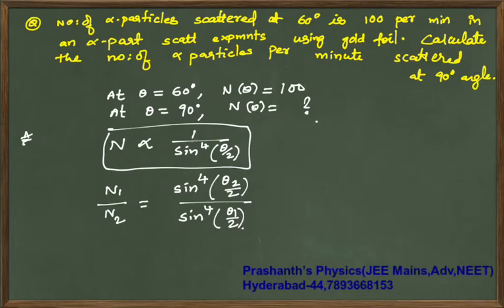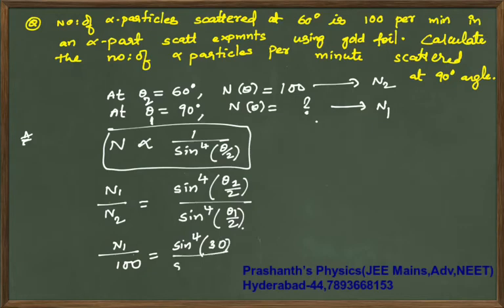Now you take this as n1, this as n2, this as theta 1, and this as theta 2. n1 by n2 is 100 by 1 is equal to sine power 4 of theta 2 by 2, that is 60 by 2, that is 30 degrees, by sine power 4 of theta 1 by 2, that is 90 by 2, that is 45 degrees.